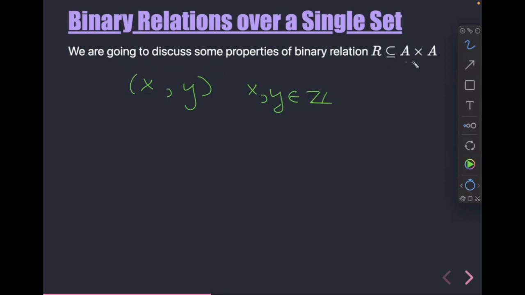So it's basically happening over Z times Z. We're going to talk about some properties of binary relations over the same set, often in terms of integers or real numbers. And remember, this could also be written as Z squared, or R squared. So often it'll be a set of numbers, and these are different properties we're going to talk about for relations, where both elements are from the same set.